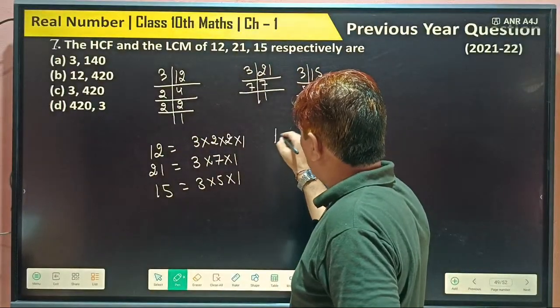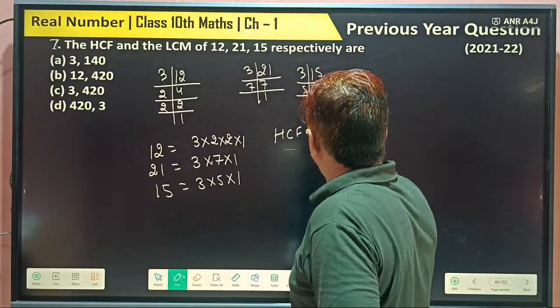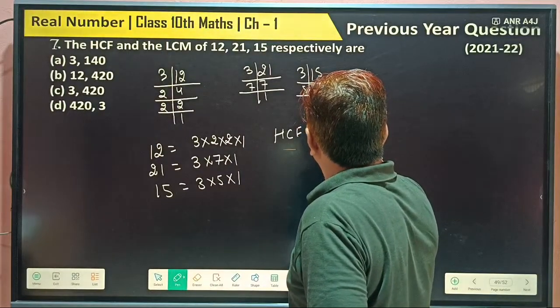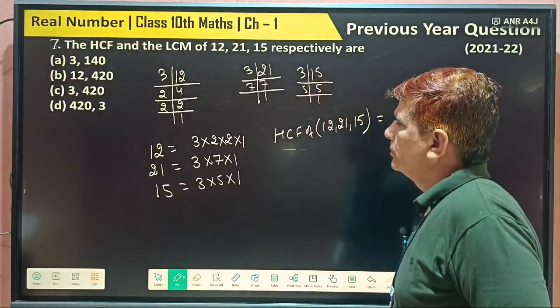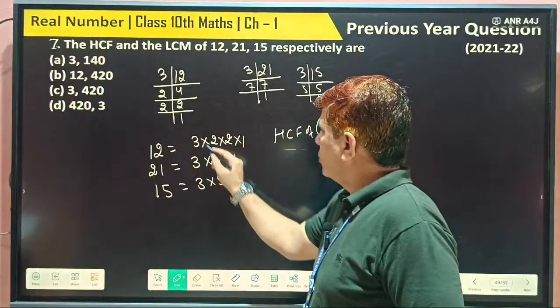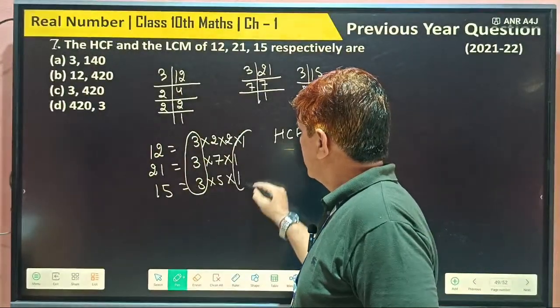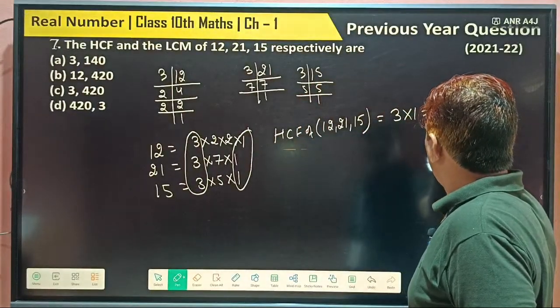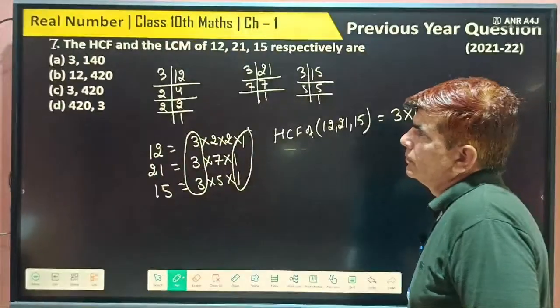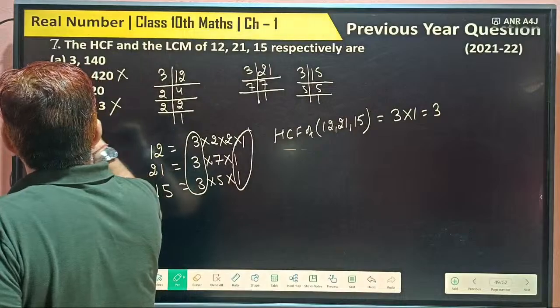So HCF of 12, 21, 15 is equal to what is common in all: only 1 is common, and 3 is common. So 3 into 1, 3. So this is not your answer.